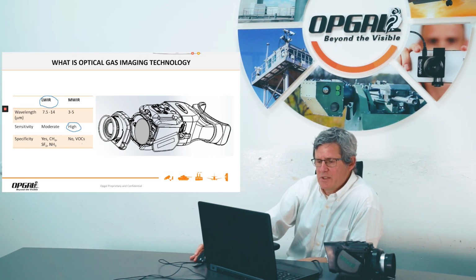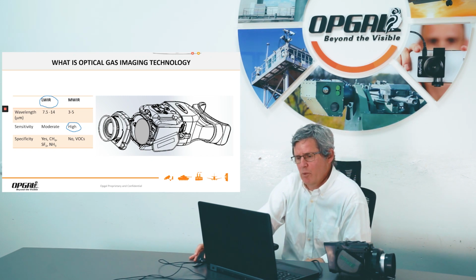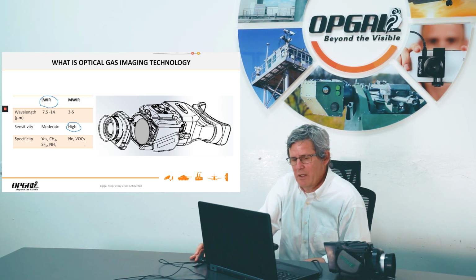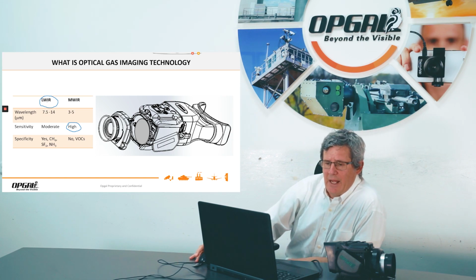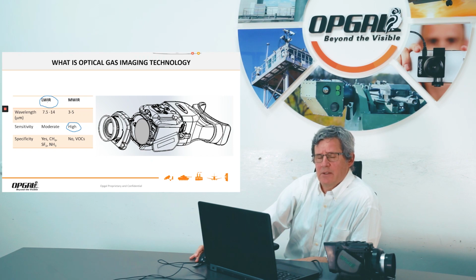We can see VOCs. When we detect a gas leak with the MWIR camera, we don't know if it's methane or other hydrocarbons or volatile organic compounds that are leaking from that component. But with the LWIR camera, either a fixed camera or a portable one, we can have cameras specifically for methane, sulfur hexafluoride, or ammonia.